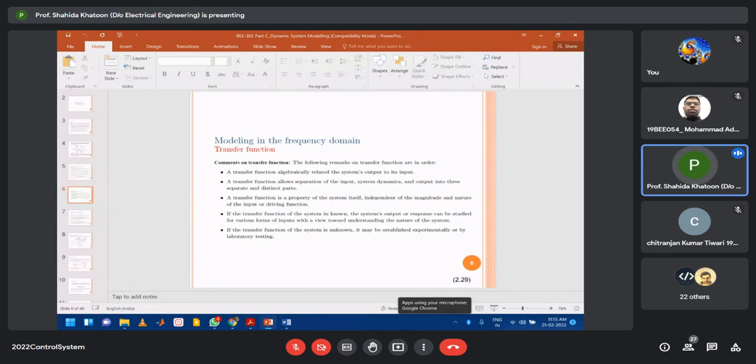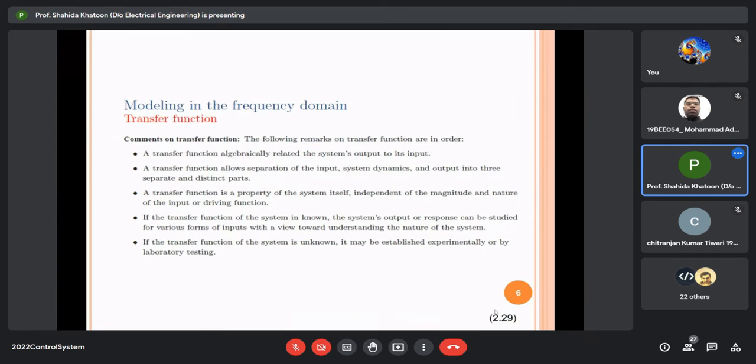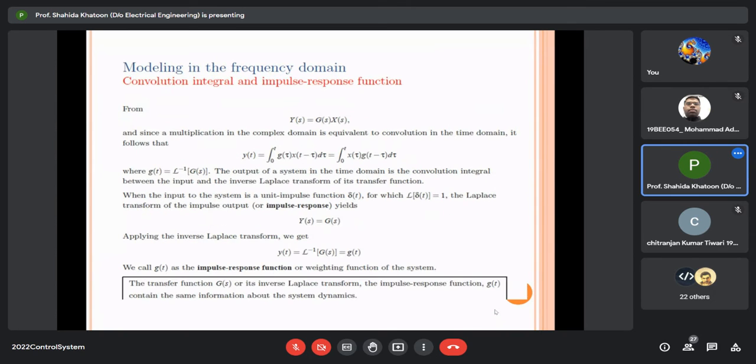A transfer function is a property of the system itself, independent of the magnitude and nature of the input or driving function. If the transfer function of the system is known, the system's output and response can be studied for various forms of inputs, with a view towards understanding the nature of the system. If the transfer function of the system is unknown, it may be established experimentally or by laboratory testing.